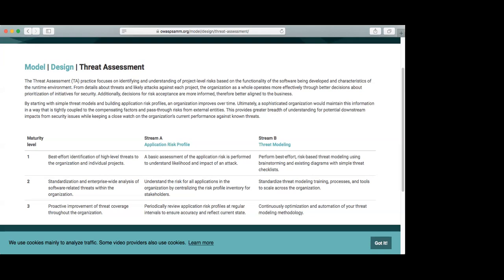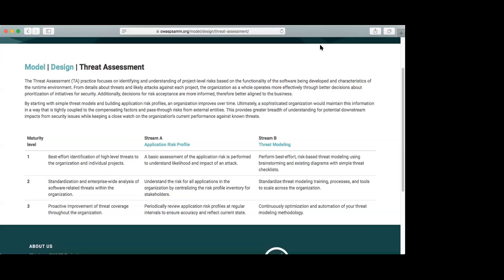But the real idea in this practice is that you work from what's important to the organization. So you understand senior leadership's risk appetite, the things that keep them up at night and that they're most worried about ensuring they protect against. And then you craft that questionnaire in order to get your team the information you need to know about how the applications in the portfolio stack up against those concerns.